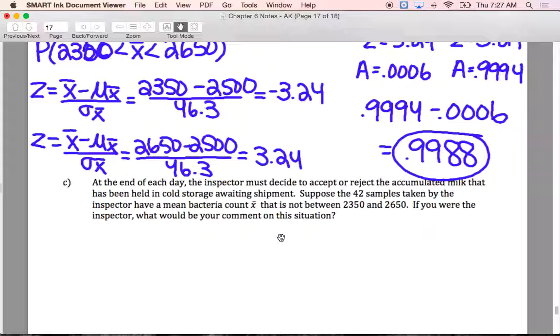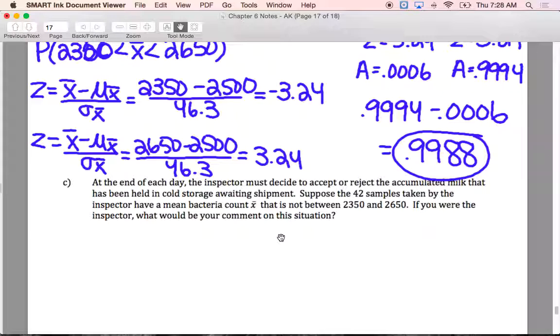So think about this. If there's a 99.88% chance of being between 2350 and 2650, that means there's a 0.12% chance of being outside of that range. So if you're outside of that range, that's not a very high probability of occurring. So that means something's wrong with the milk, because you are only at a 0.12% chance of being outside of this range.